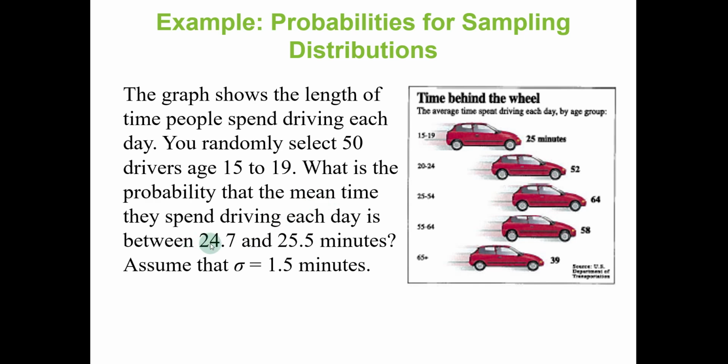So you've been given two values. You'll have to convert this to the z-score, convert that to the z-score, and go to your table, look for the probability, and deduct this smaller area from the bigger area.